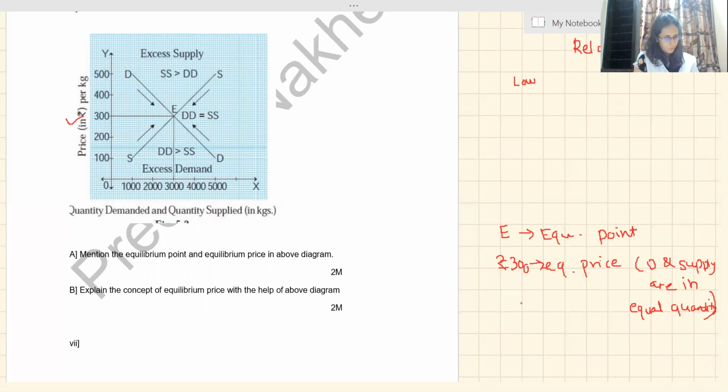I will tell you what exactly they want. Explain the concept with the help of the above diagram. So in short, they want the explanation of the diagram. And remember this, it's of only 2 marks.